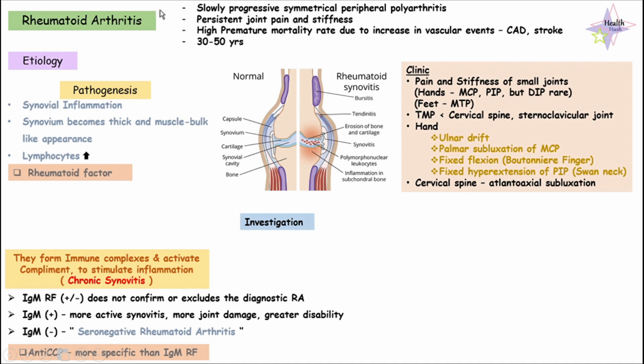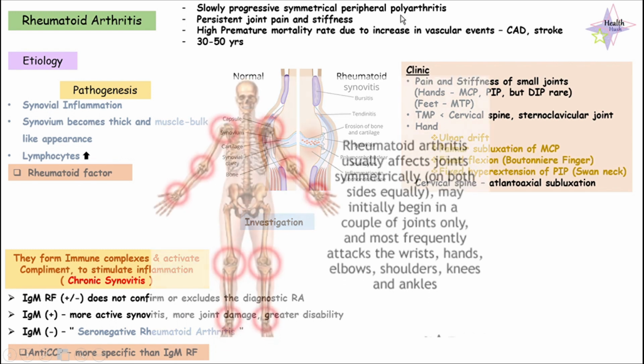So if we see rheumatoid arthritis, it's a slowly progressive symmetrical peripheral polyarthritis, which means that this disease is gradually progressing, and when their joints are being affected, it's symmetrically affected, and polyarthritis means multiple joints are being affected.